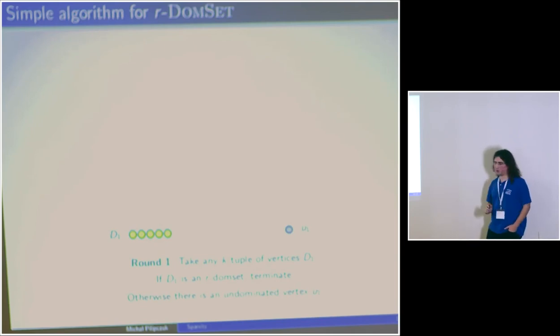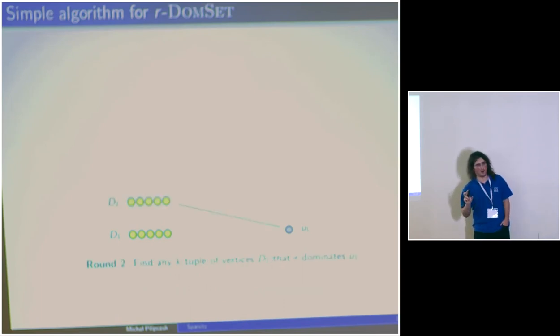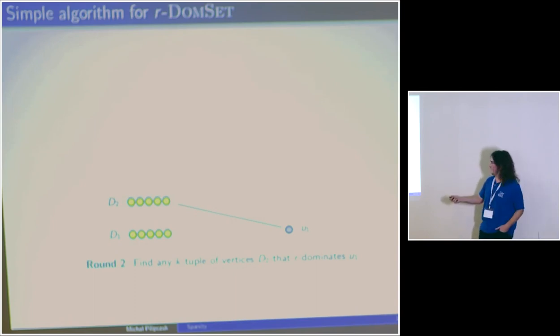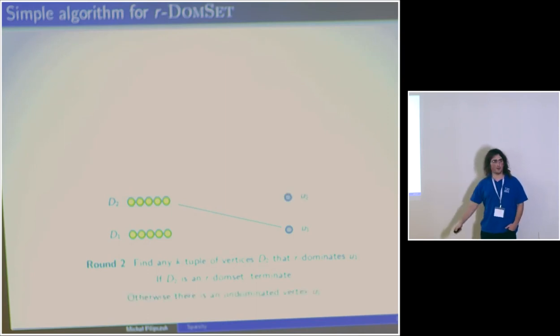Okay, so now I proceed to the second round. Let me be a little bit smarter and at least dominate this vertex u1. Yes? So I find any k-tuple of vertices D2 that r-dominates u1. Yes? If it's a dominating set, yes, I'm already happy. Otherwise, I find a vertex that is not r-dominated by D2.